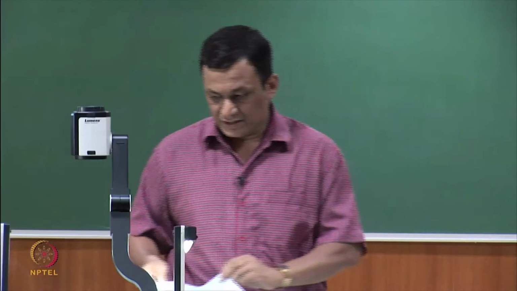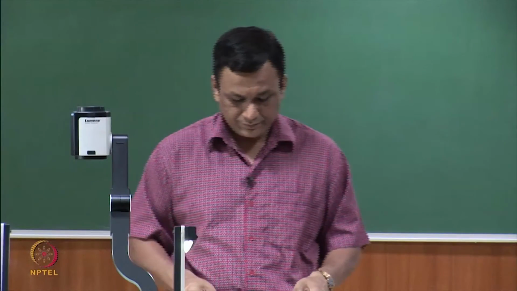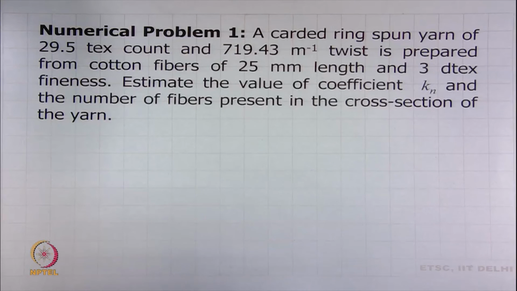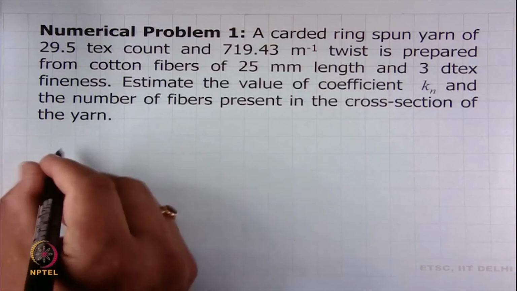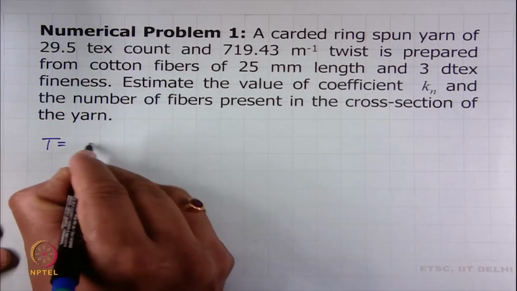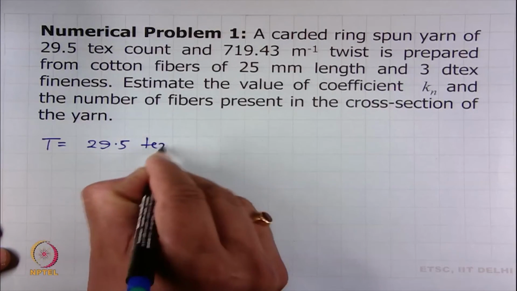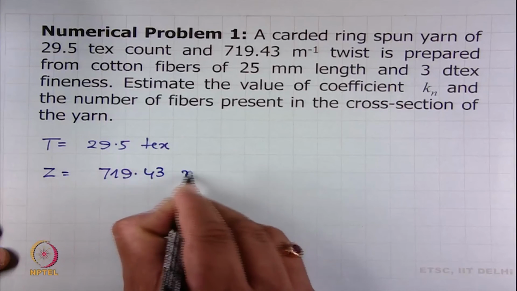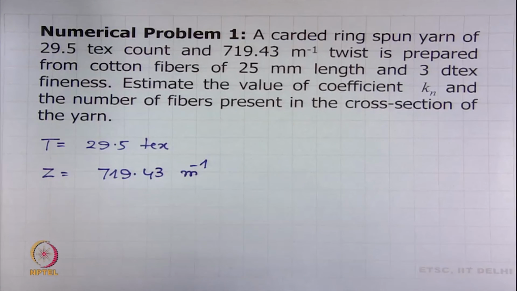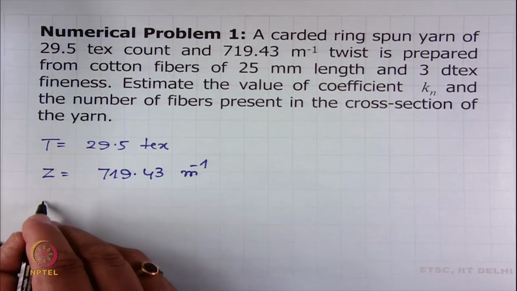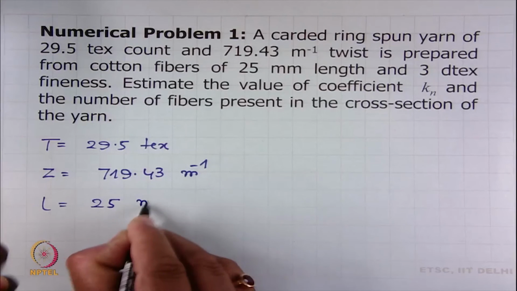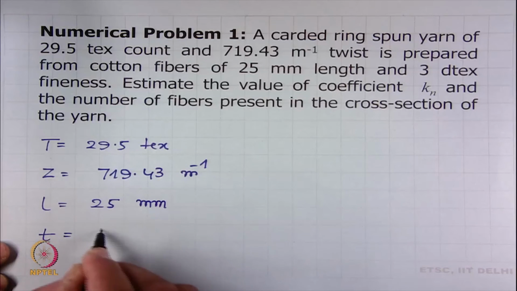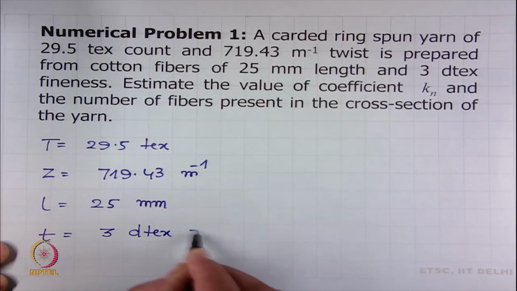Let us start with the first numerical problem. A carded ring spun yarn of 29.5 tex and 719.43 twist is prepared from cotton fibers of 25 millimeter length and 3 decitex fineness.